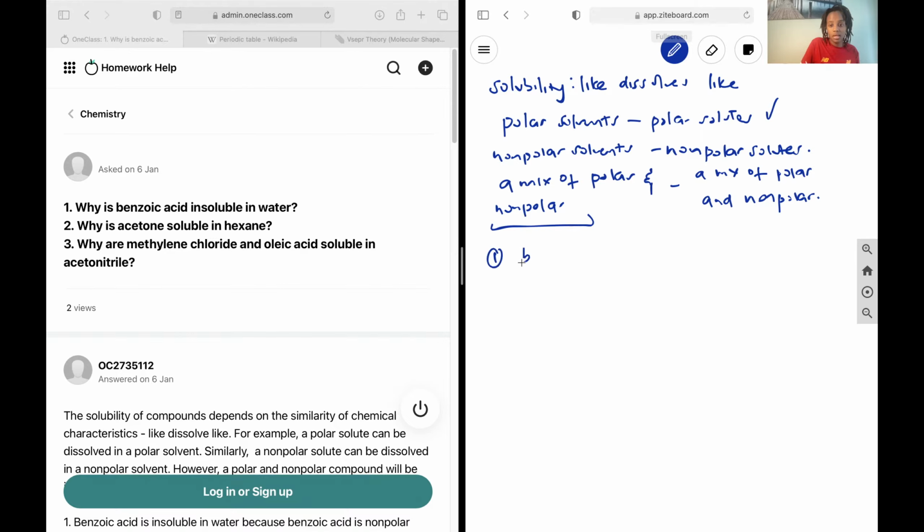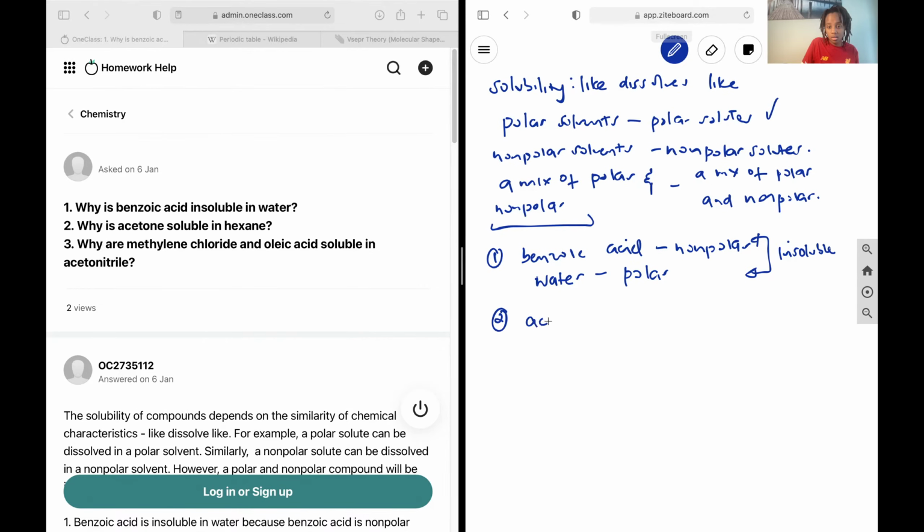For the first case, we have benzoic acid. Benzoic acid is nonpolar, and we're trying the solvent of water, and water is polar. So of course, because these two are not alike, it's not going to dissolve, and so it makes sense that benzoic acid is insoluble in water.